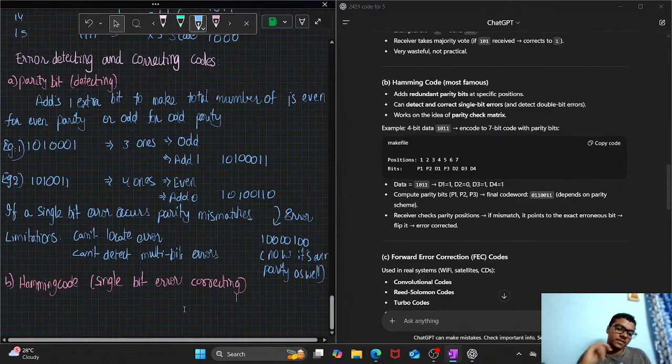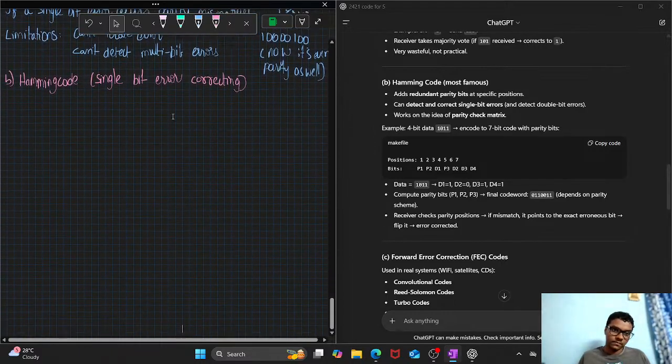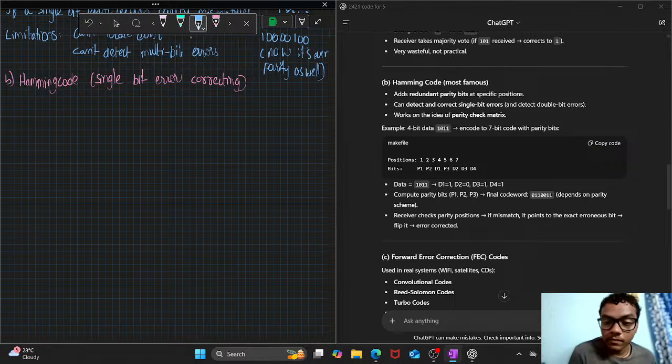So it's very nice. So this is a 7-bit Hamming code.